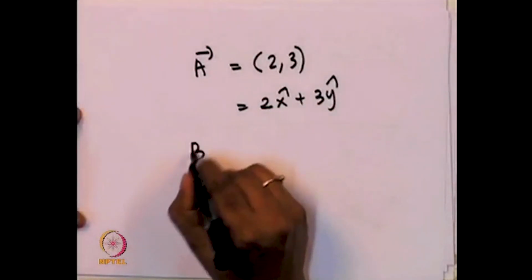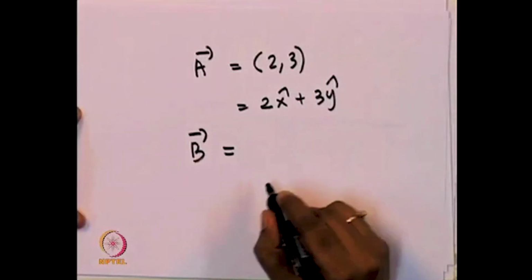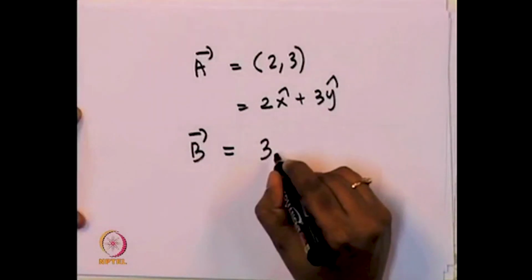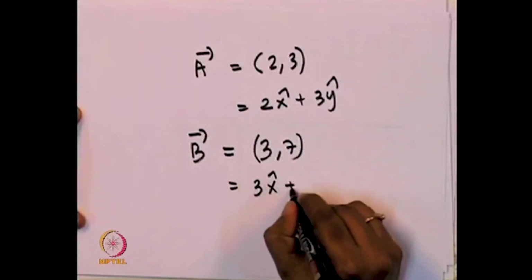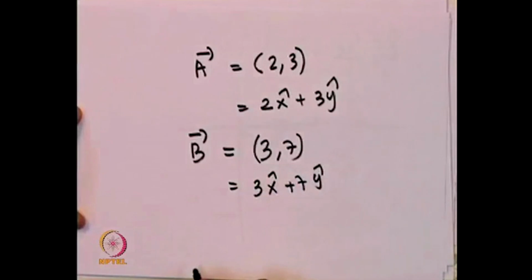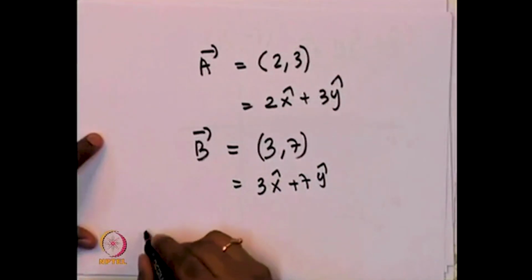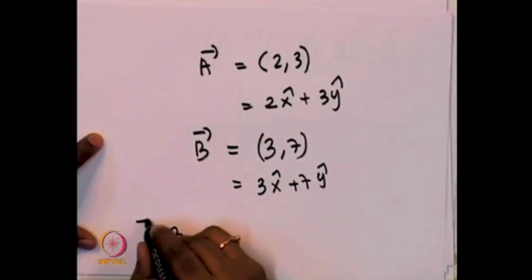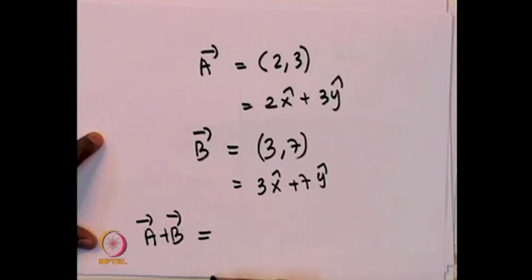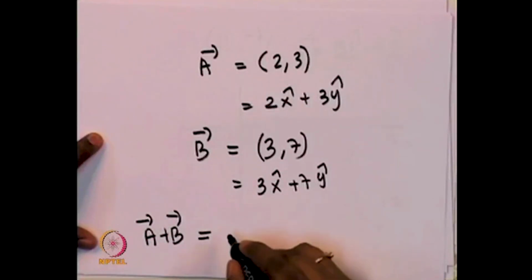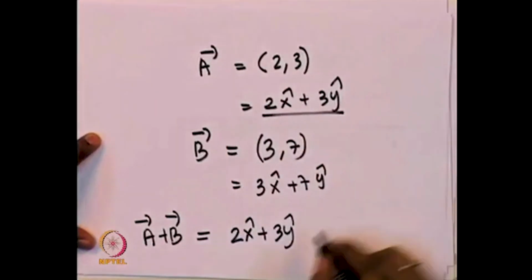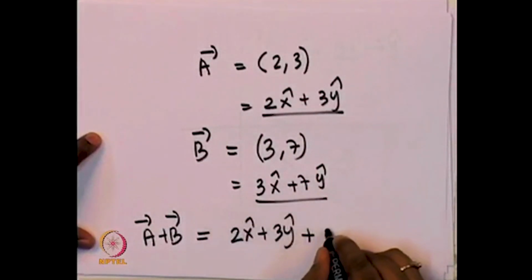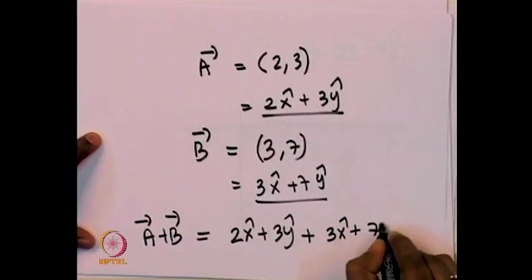Now, I have another vector B, which is 3, 7. These are 2 components. This means 3 along the x axis and 7 along the y axis. A plus B is basically 2x plus 3y, this vector, plus this vector which is 3x plus 7y.